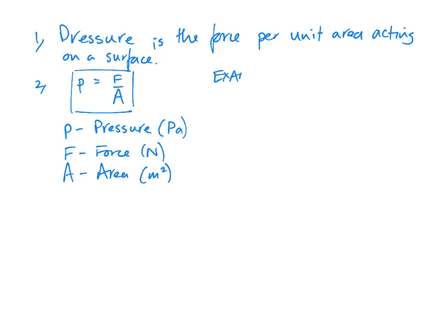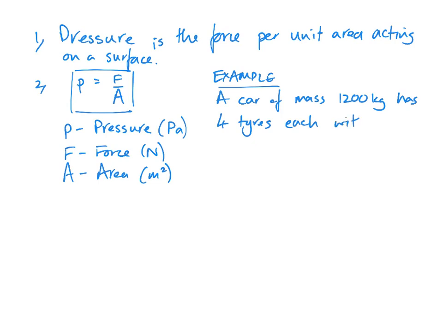So for example, a car of mass 1200 kilograms has 4 tyres, each with a contact surface, i.e. how much of it's actually touching the ground, of 20 centimetres by 15 centimetres.